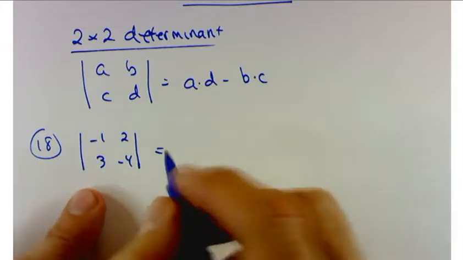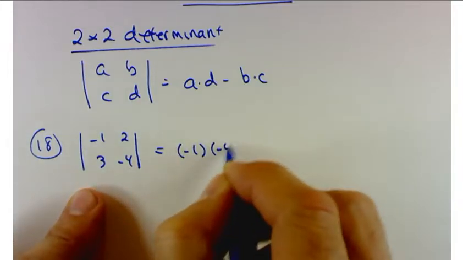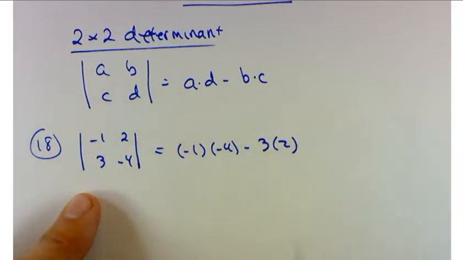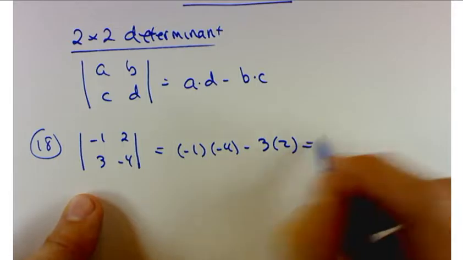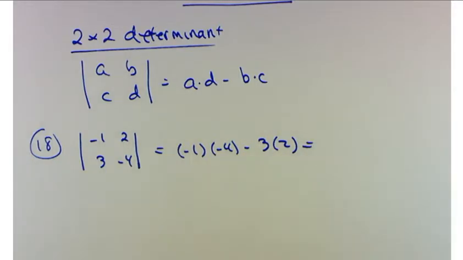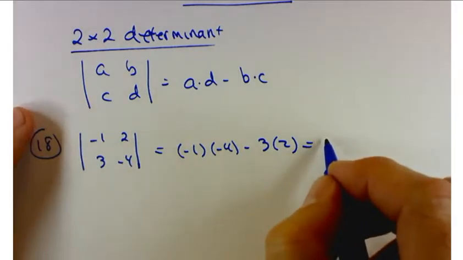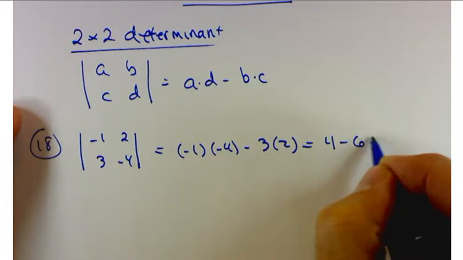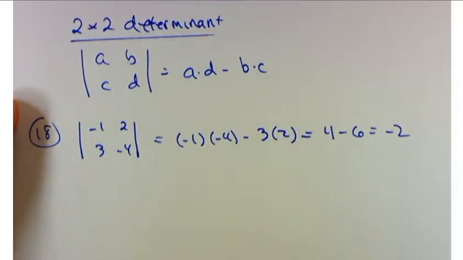Now the product going down is going to be -1 times -4 minus the product going up, which is 3 times 2. What do I get for my determinant on this one? Kara, want to simplify that one for me? Perfect. So there's your determinant, -2.